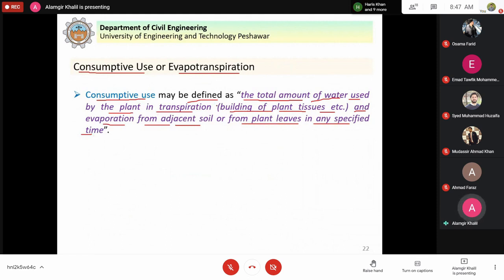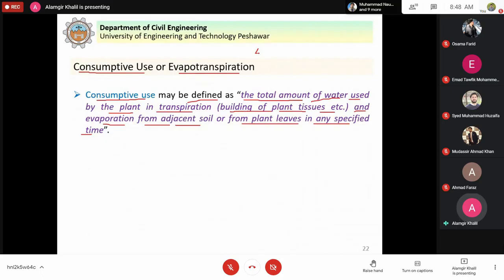And consumptive use is the total amount of water used by the plant in transpiration, that is building of plant tissues, etc., the water that the plant uses for its growth, and evaporation from adjacent soil or from plant leaves in any specified time. So what is the difference between the delta and the consumptive use?